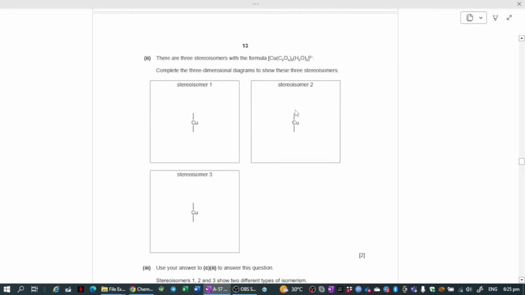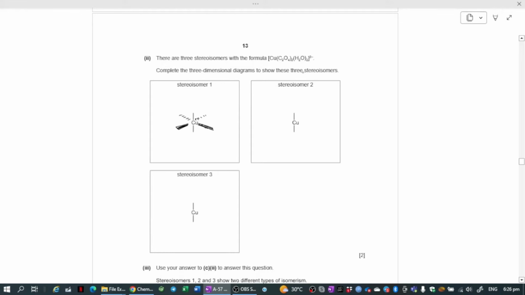You need to be specific that it's a dative bond that's being formed, right? Then they tell us here that there are 3 stereoisomers with the formula shown here. Complete the 3-dimensional diagrams to show these 3 stereoisomers. So let's draw in this 3-dimensional structure first, right? They will all be octahedral complexes.